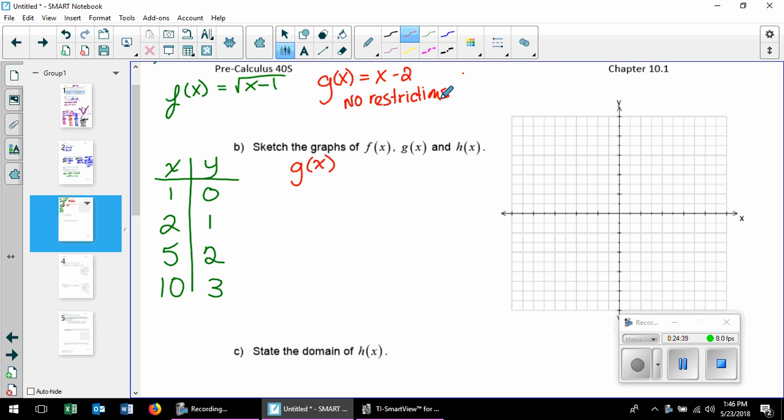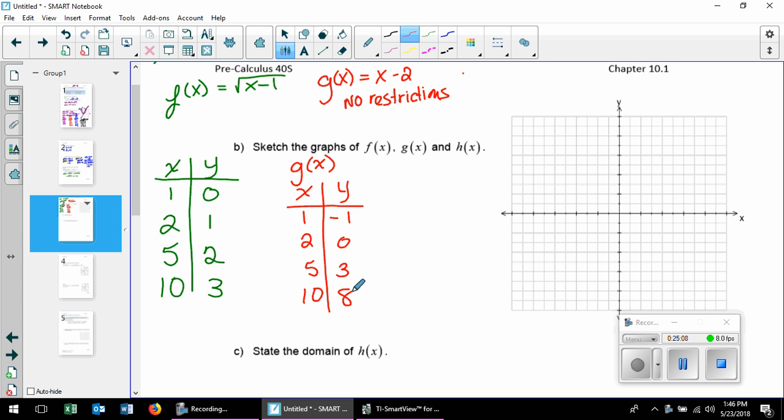So the domain on that one would be negative infinity to positive infinity. So I can pick any numbers that I want. What am I going to pick? The same ones. So 1, 2, 5, and 10. So I'm going to have -1, 0, 3, and 8.